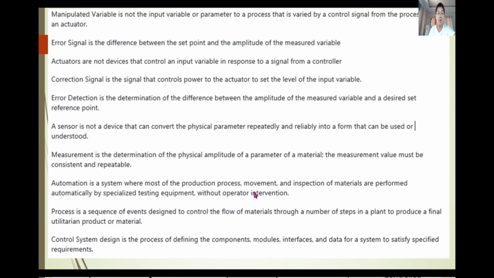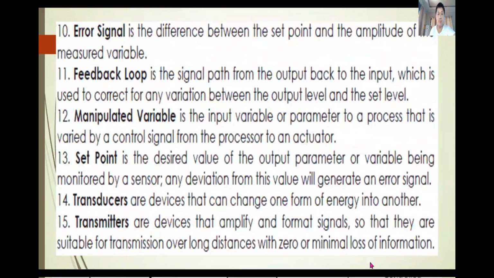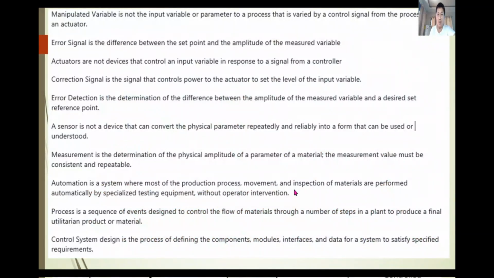So automation does not require human intervention when the machine is already running, because it is controlled by a controller, which is called the feedback system or closed loop control system. So the answer is true.